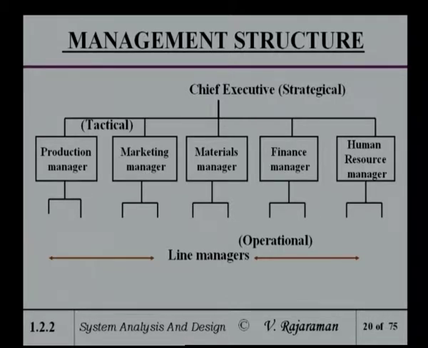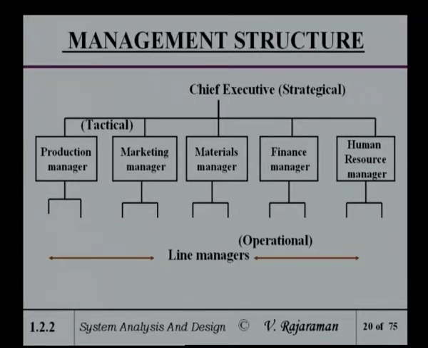Now, as I said, the chief executive takes strategic decisions, and for each of these different areas like production, marketing, and so on, there is somebody in charge. That will be a vice president marketing, or a vice president of materials, and a vice president of finance.